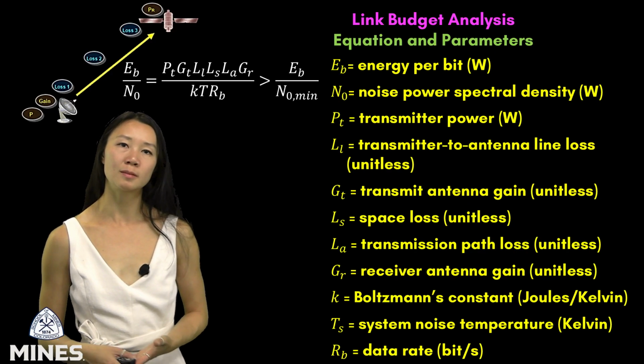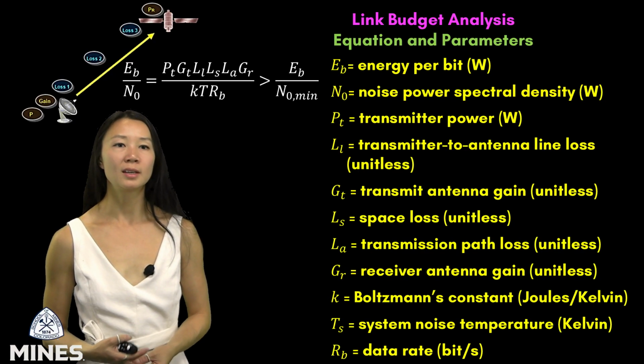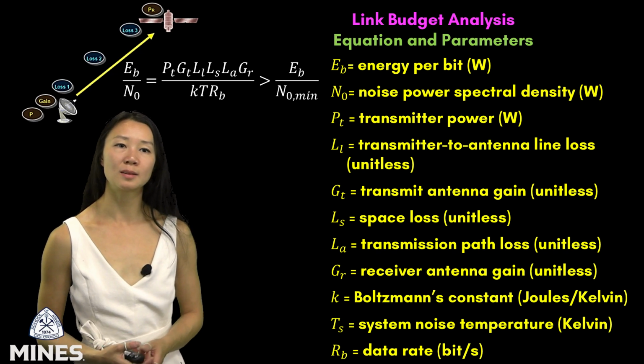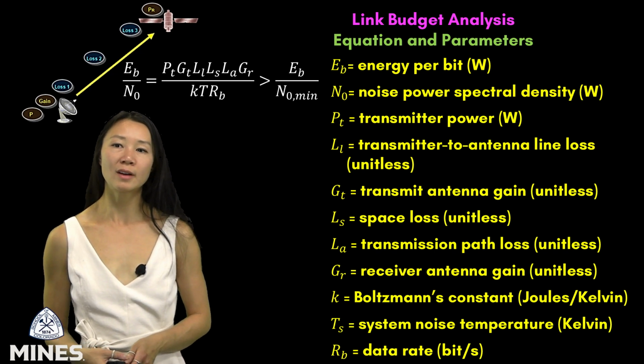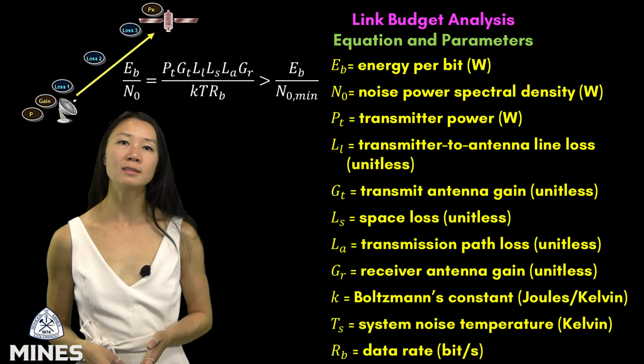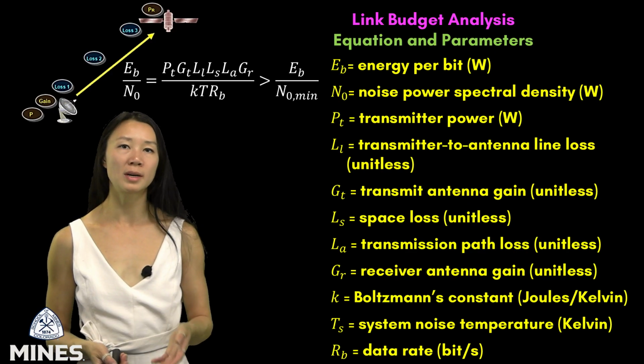For the same system, if you want to increase your data rate, your Eb over N naught will go down. Your job as an engineer is to design a system where, after all this math, the final Eb over N naught is greater than what's required for a reliable link. That positive difference is called your link margin, and a healthy margin is key to robust design.